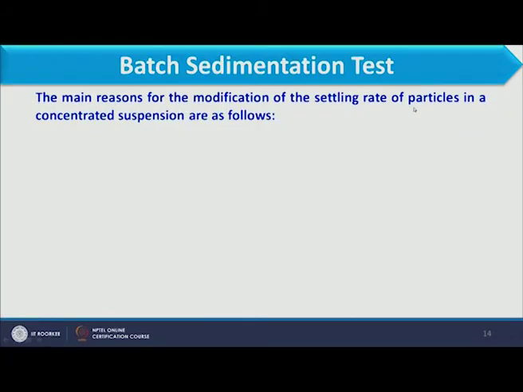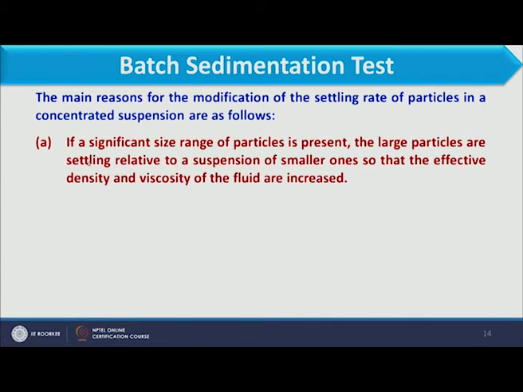So the main reasons for the modification of the settling rate of the particles in concentrated suspension are, the first reason is, if a significant size range of the particles is present, the large particles are settling relative to a suspension of smaller ones, so that the effective density and viscosity of the fluid are increased.